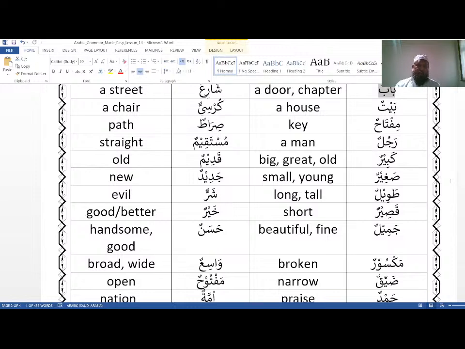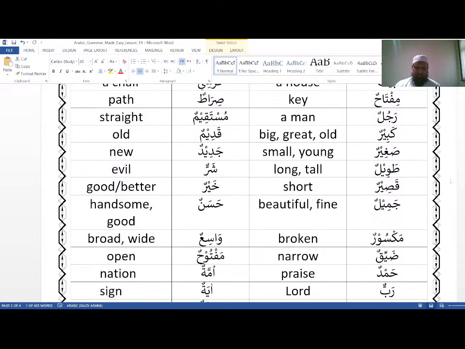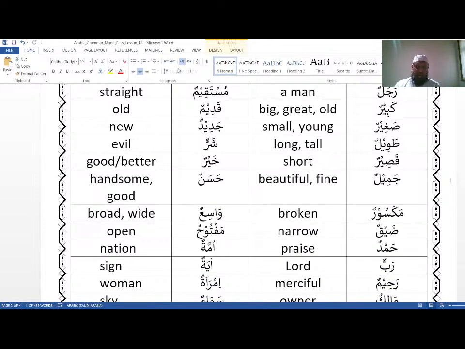Next, ummatun, nation. It is already muannas, ta marbuta at the end. Ayatun, sign, muannas, ta marbuta at the end. Imra'atun, woman.